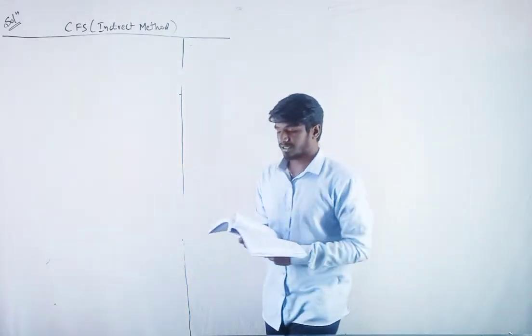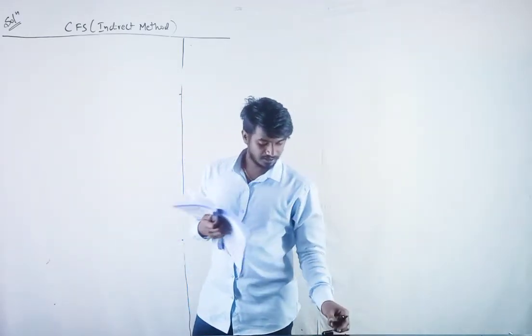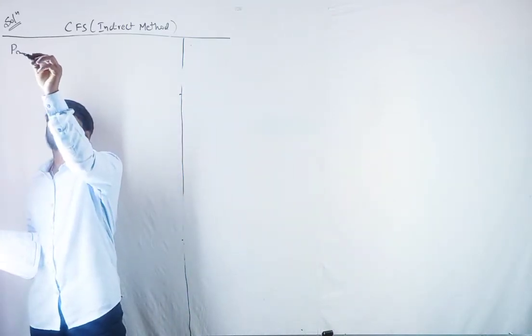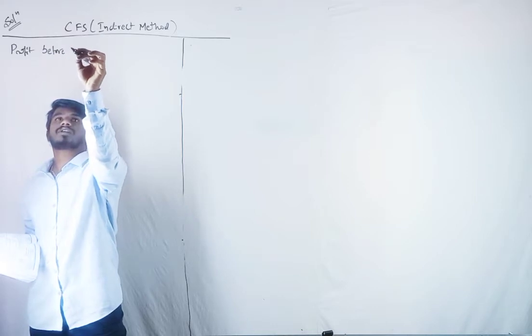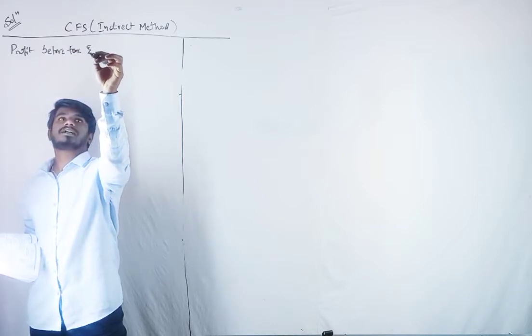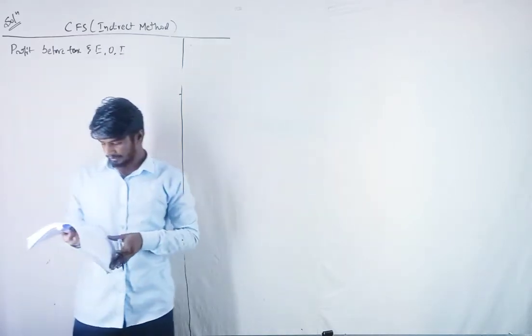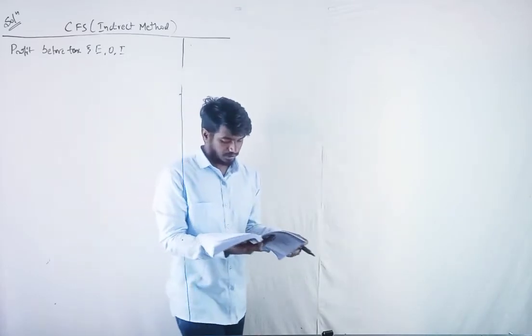First, we'll start with the profit before tax and extraordinary item. Right. What is the profit? Okay. This is the question, right?